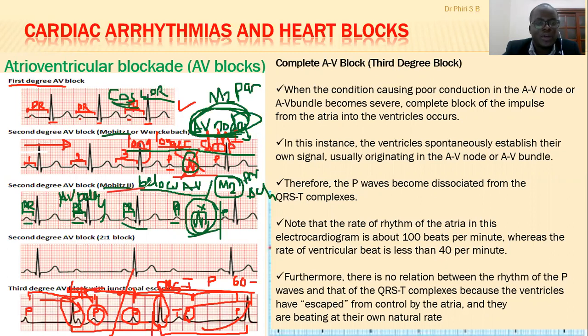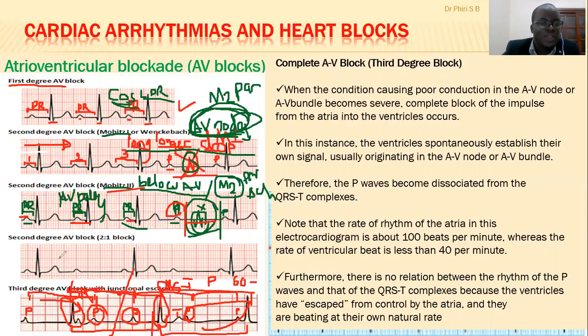Here you have a normal PR interval, but this normal PR interval is followed by a P wave with a missing bit. Why? Because at this point, there's no conduction of the P wave to the ventricles. So you have the second degree heart block type 2, or Mobitz type 2. That's how you differentiate it from Mobitz type 1.